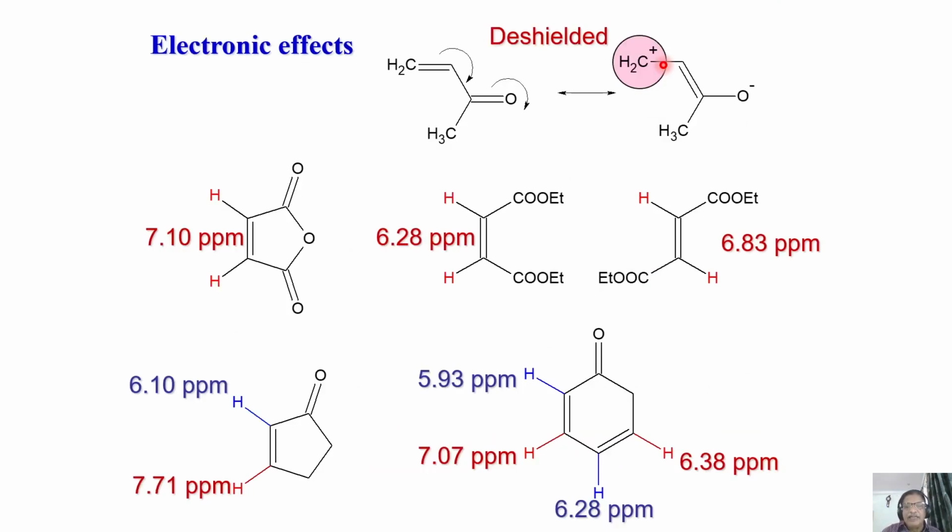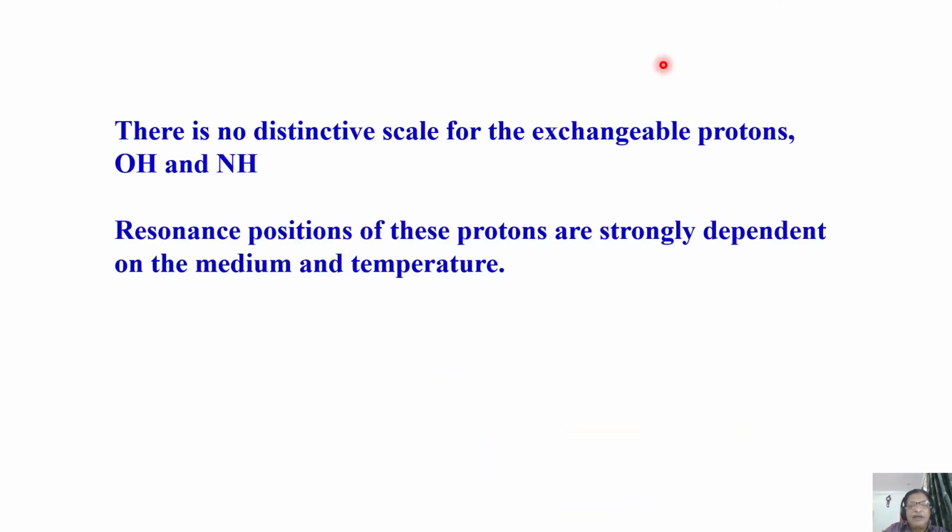Of course, how the de-shielding happens in the electronic effect, we saw this, and there is no point in going further. But I want to tell you one thing. In your molecule, if you come across OH and NH present, there was a scale which I gave you, with different regions where you can see different functional groups. Remember, I showed you one table of chemical shift regions, where each chemical shift comes from. For example, where CH3 comes, where the benzene ring comes in proton.